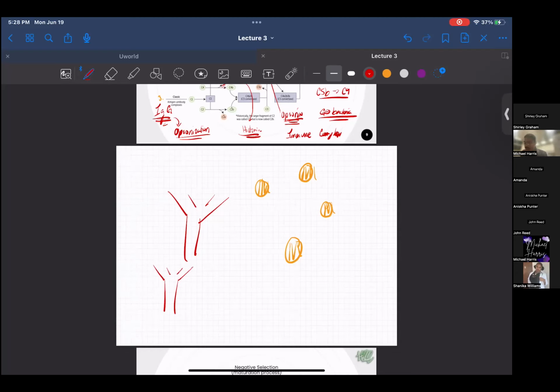Essentially, what ends up happening is they bind to these antigens, right? And when they bind to the antigens, they tend to cross-link because some antibodies may bind to the same antigen. Okay? So it's like you're grouping them together.